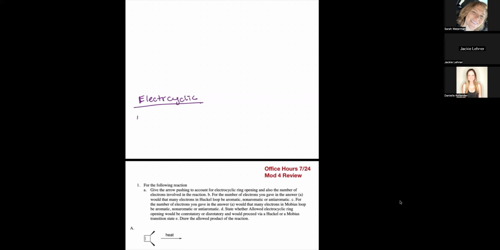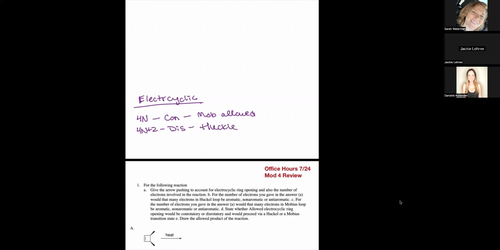We had 4N, which is conrotatory, which means Mobius is allowed, right? And then the last part, 4N plus 2, disrotatory, Huckel allowed, right?